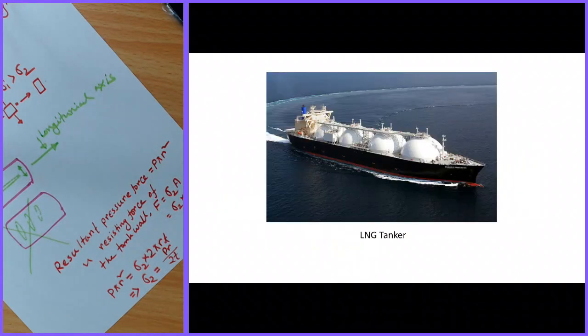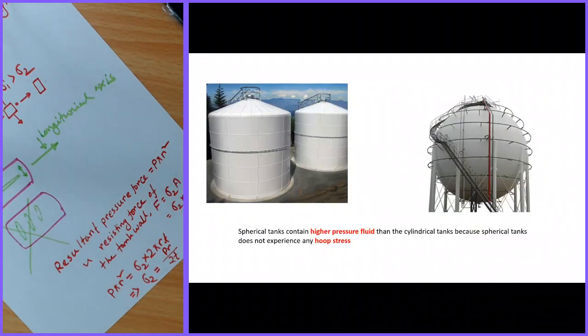If you go to any petroleum plant, you will see that the cylindrical tank is usually at comparatively lower pressure than the spherical one, and usually the cylindrical tank contains liquid like diesel or petrol.